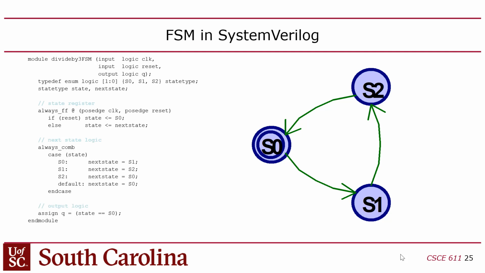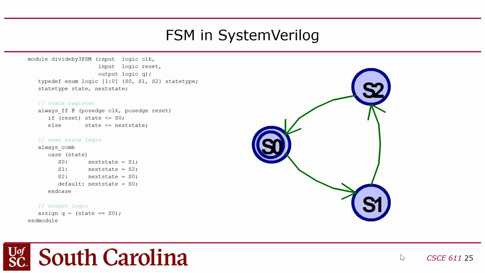And then the output logic is, in this case, I'm only going to create a pulse whenever I'm in state S0. So what will end up happening is I'll have a clock that runs, and that pulse will happen only in 1/3 of the cycles, right? So the output logic, nice and simple. The next state logic's all unconditional. And then, of course, the clocked process is that same 3 or 4 line code.